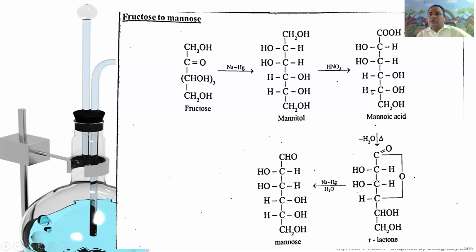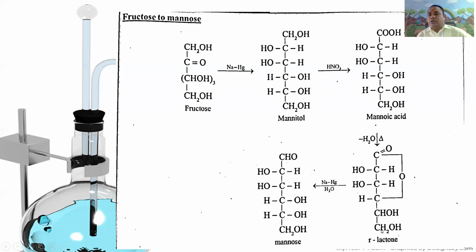This mannoic acid, upon heating with removal of water, gives gamma lactone, C double bond O, CHOH, CO HH, CH. This fourth carbon is linked to the first carbonyl carbon through an oxygen atom.